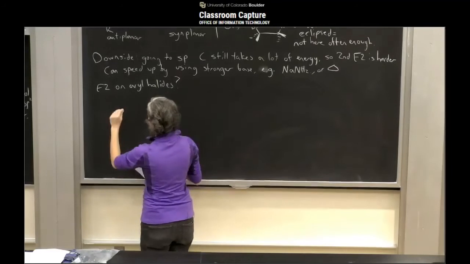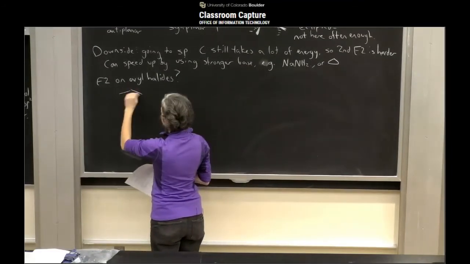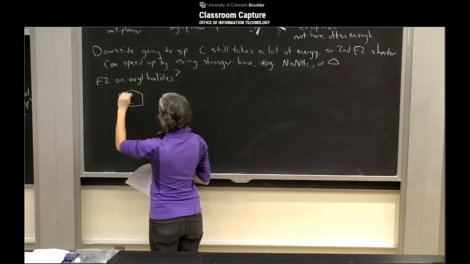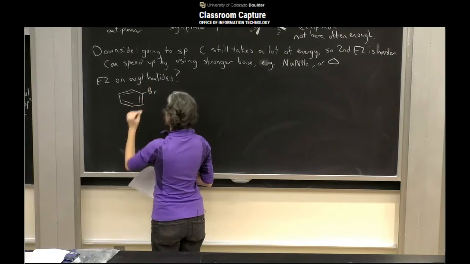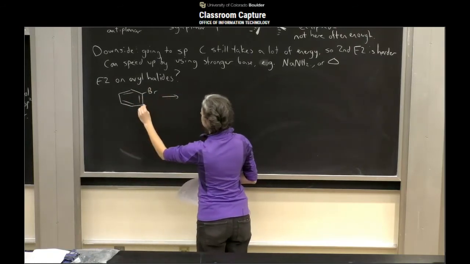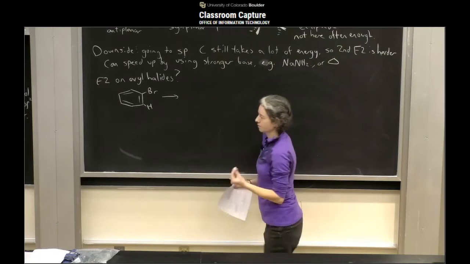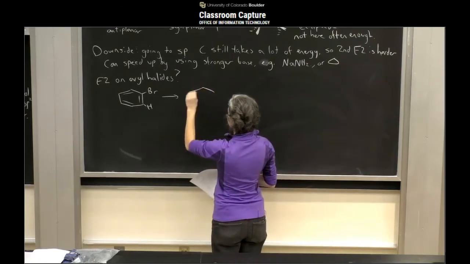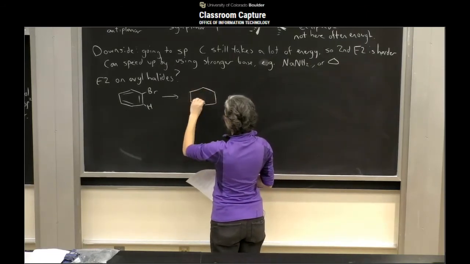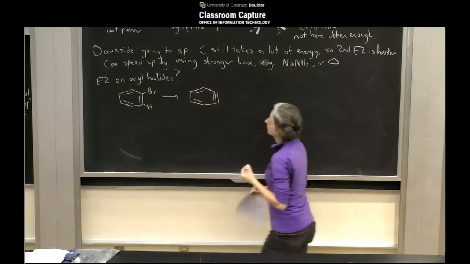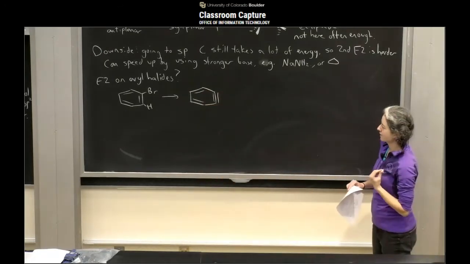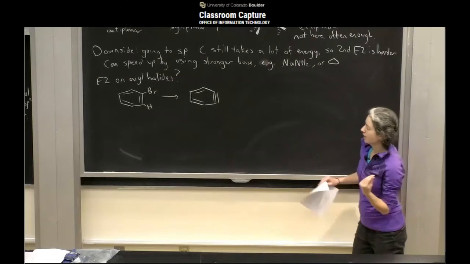Okay, so if we could get that as a final product, that would look like this, so we're doing an elimination here. Yikes. Okay, so that should look pretty uncomfortable to you.